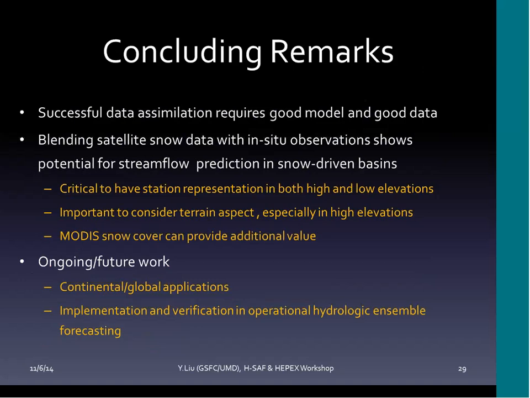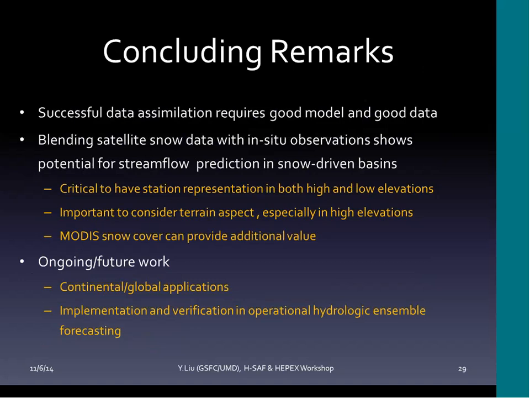So some concluding remarks. In order for the passive microwave data assimilation to be successful, we need a reasonable model, at least, to start with, and we need data sets that contain new information relative to the model. And it looks like blending satellite data with in-situ observations can improve the streamflow simulations.